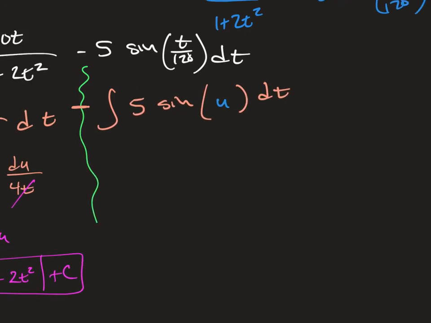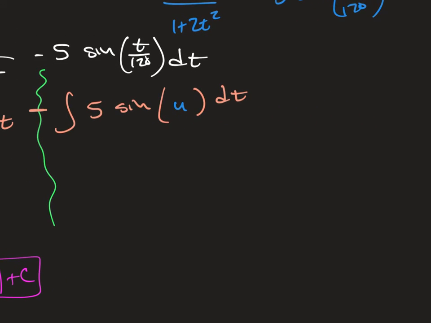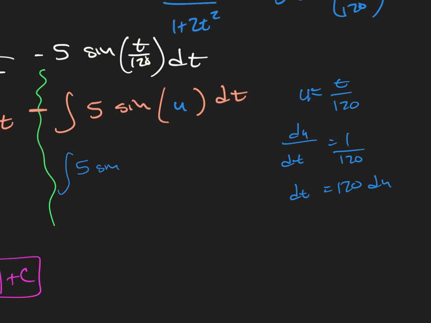On this other side, we're going to have u is equal to t over 120, so du dt is just going to be 1 over 120. So dt is going to be equal to 120 du. So then we're going to get the integral of 5 sine of u times 120 du, which would get us 600 integral of sine of u du.